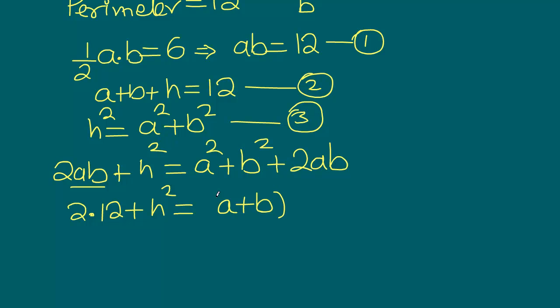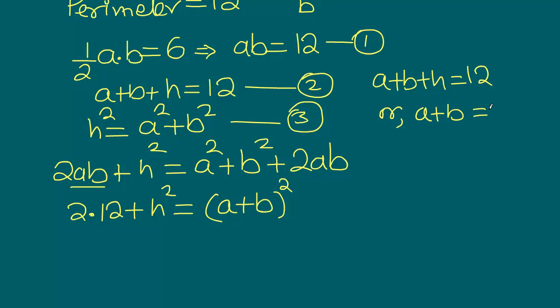So 24 plus H square equals, now we can write this as A plus B whole square. So why did we want to write this as A plus B whole square? Because of equation number 2. From equation number 2, we have A plus B plus H is equal to 12, or we can say that A plus B is simply equal to 12 minus H. We just take the H on the other side of the equality sign, so we get this.